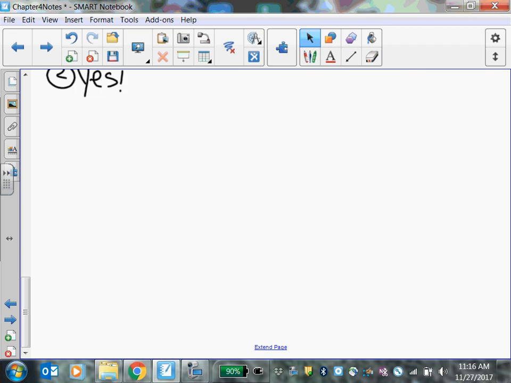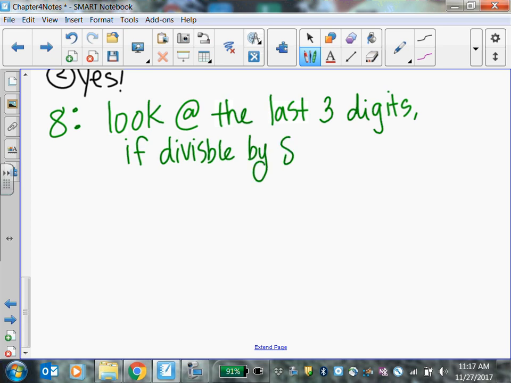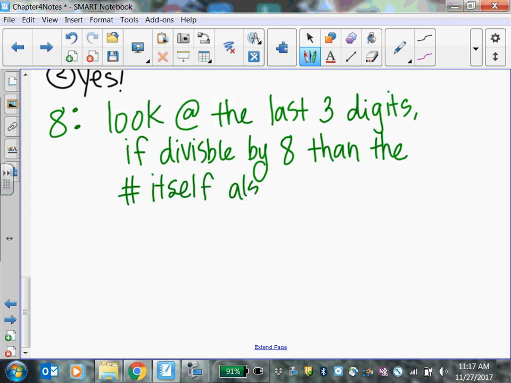8 is super simple. With 4, you looked at the last 2 digits. For 8, you look at the last 3 digits.